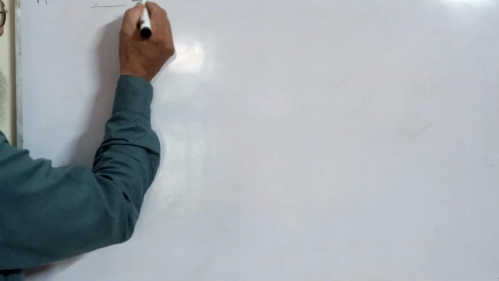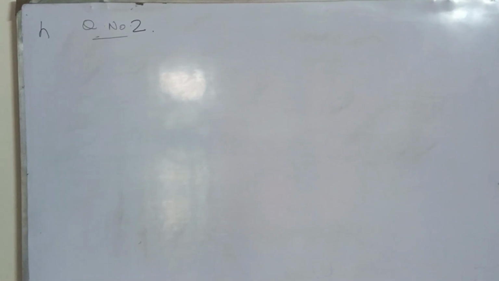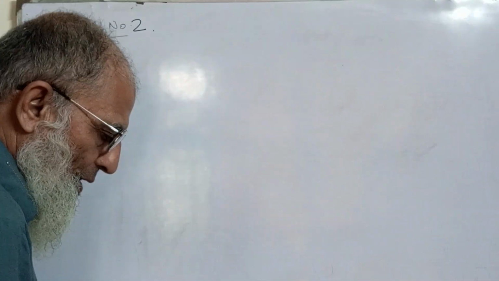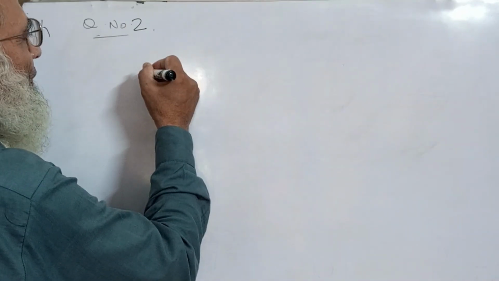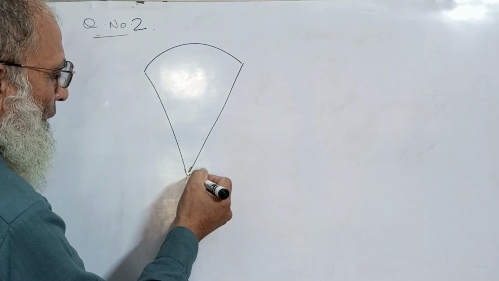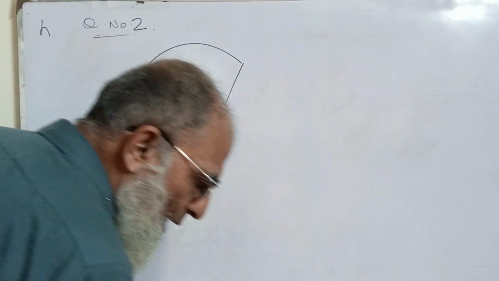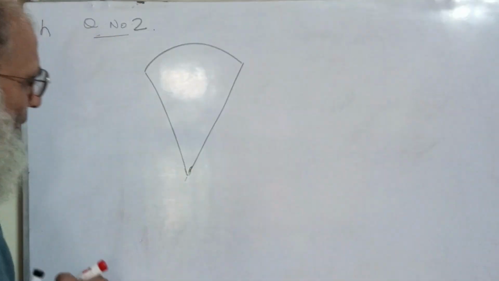Okay, question number two. Question number two is very easy. Find the area and colored region. Okay, now this is given like this. We have to find the area of this colored region and arc length.